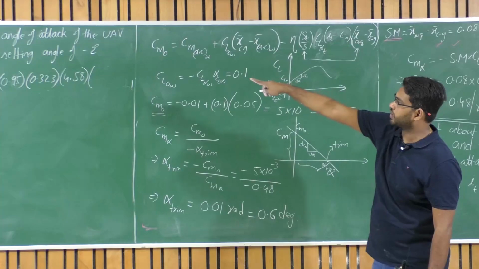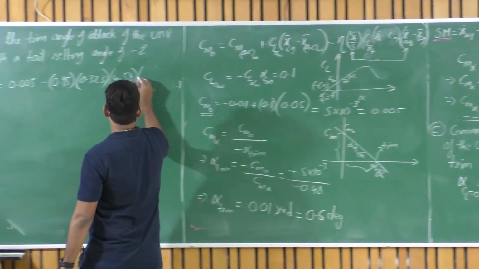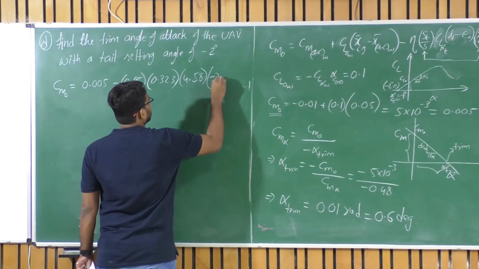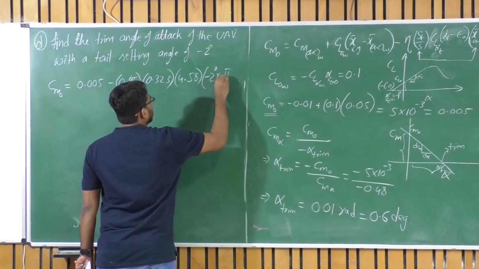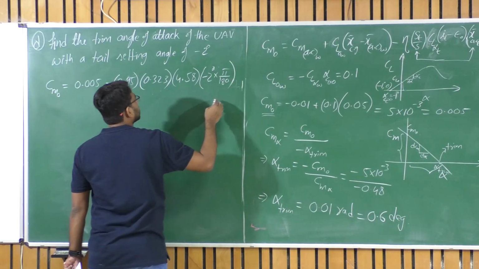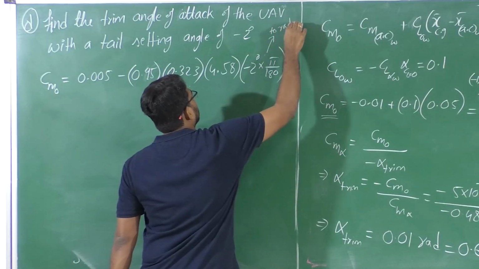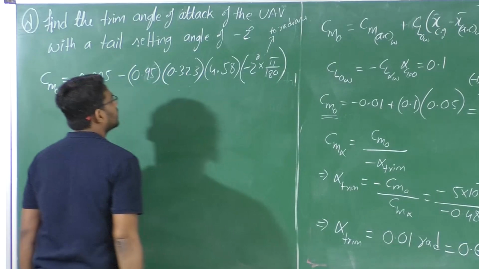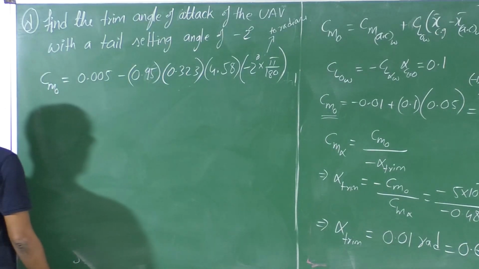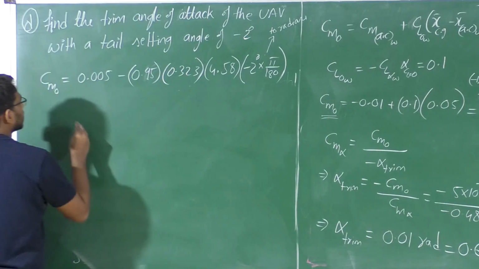So i_t is minus 2 degrees. I need to convert it into radians because this CL alpha is in radians, so 2 degrees multiplied by pi by 180.